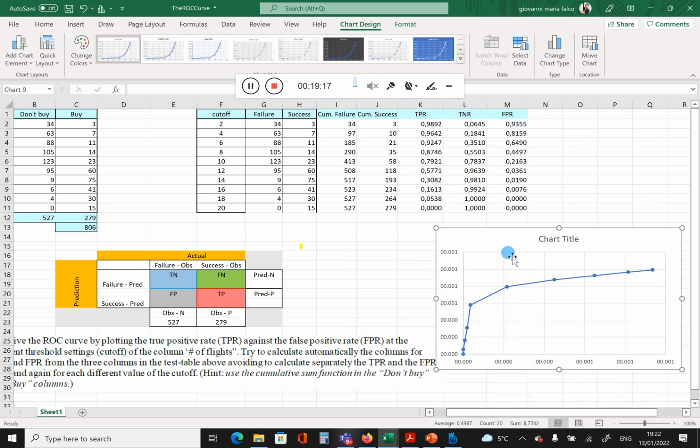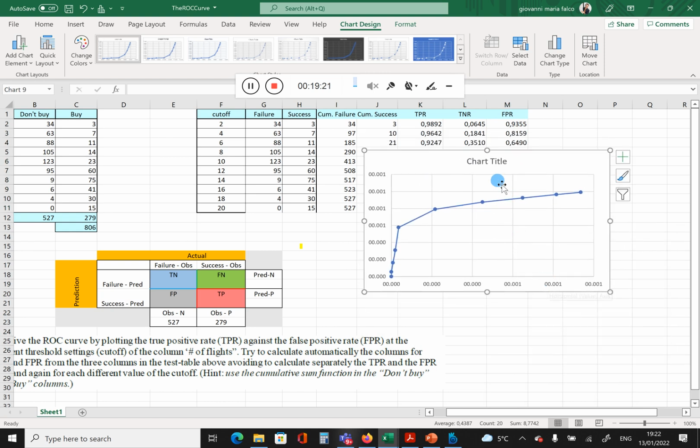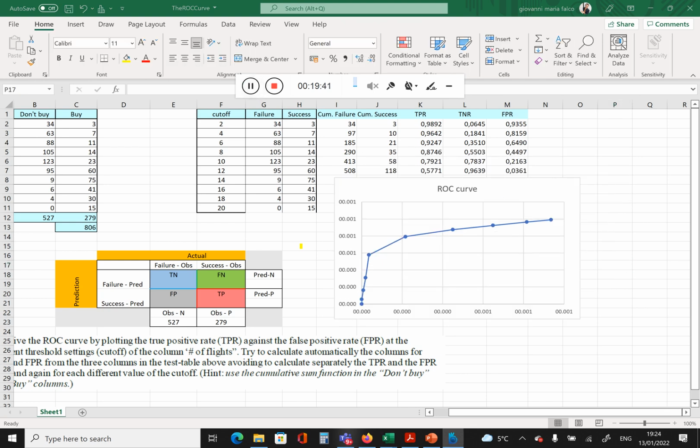So this is the ROC curve which I get. I also give it a title. For some reason I have very strange x and y scales, so I check what is going wrong.